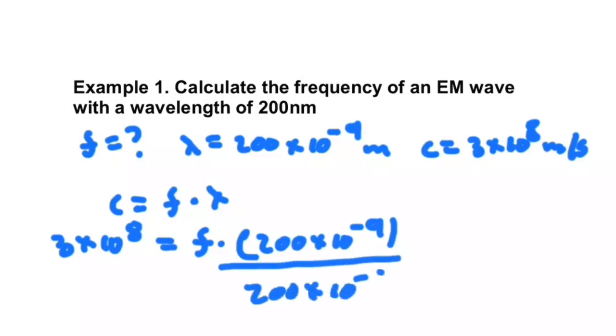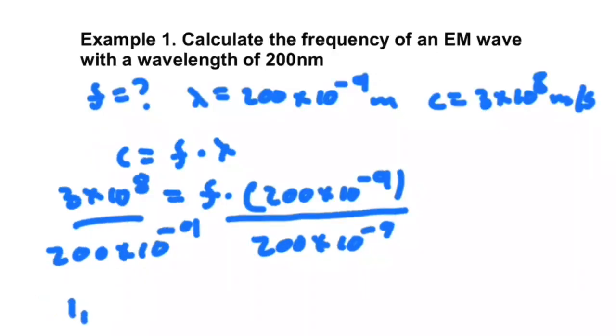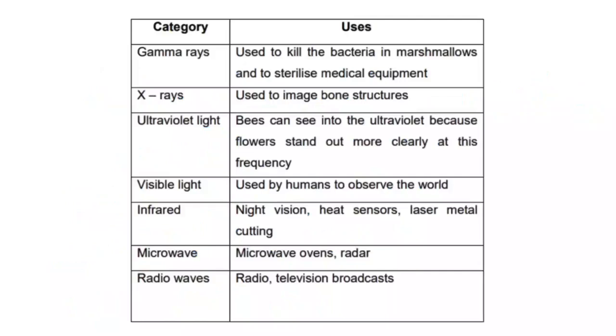So let's just go ahead and do that. We are dividing by 200 times 10 to the minus 9. We get 1.5 times 10 to the power 15 hertz being our frequency. Frequency is still in hertz. It doesn't change.